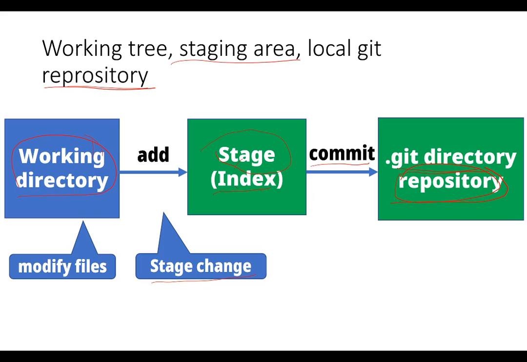So there are three things: working directory, stage area, and Git directory. There will be some files, and you will modify files in the working directory, but these files and modifications have not been stored in the Git directory unless you use the add and commit commands.